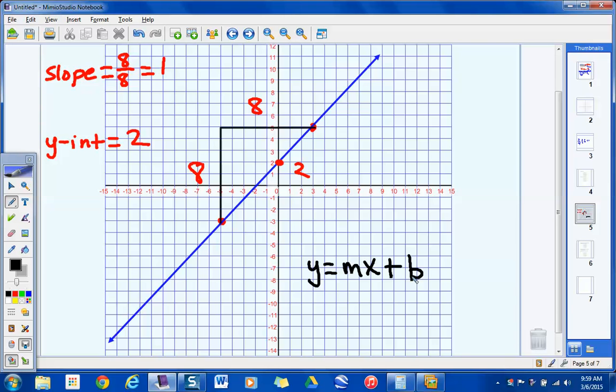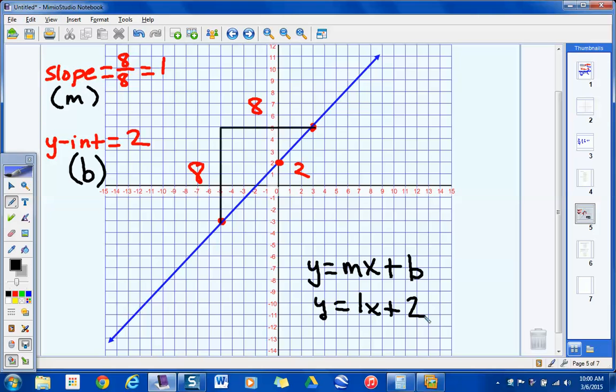What did m represent again? What did b represent? So what value is going to take the place of m? Slope value, right? So my equation for this line is going to be y equals 1x plus, what's the b value? 2, right? This is the y-intercept. It's a positive 2, so write plus 2. If it was negative 2, instead of plus 2, you'd put minus 2. So the equation for this line, y equals 1x plus 2.